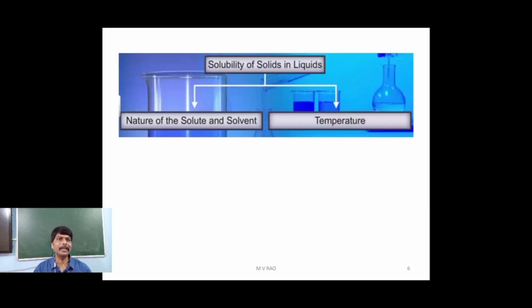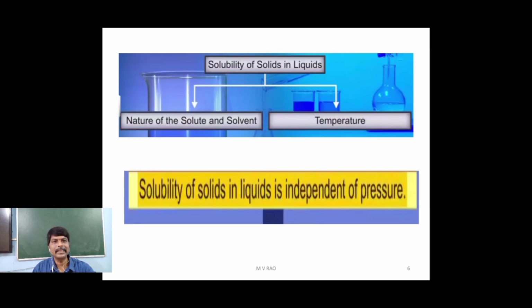This depends on only 3 factors. Earlier I told 4 factors in total, here only 3: nature of solute, nature of solvent and temperature. Which factor is missing here? Pressure is missing, because the solubility of solids in liquids is independent of pressure.